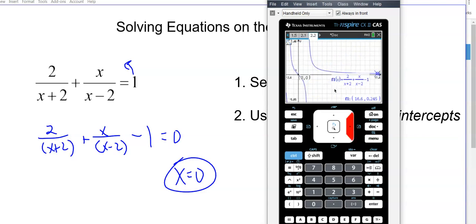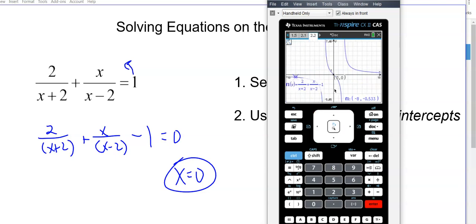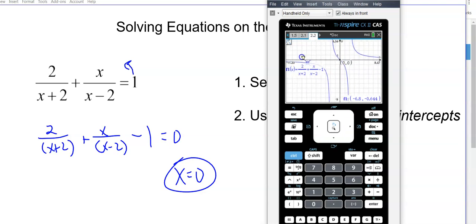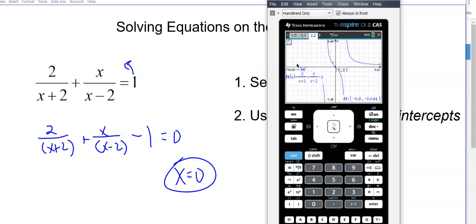Can you tell that? It's not actually ever going to reach it, it's just approaching it. You go to -8 here. You can see it's getting closer to 0 for the y value, but it's never actually getting there. So it looks like the only place it crosses the axis is at 0. So that's your only solution for this problem.